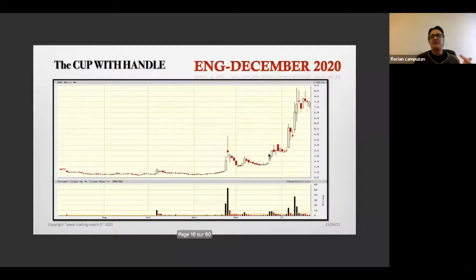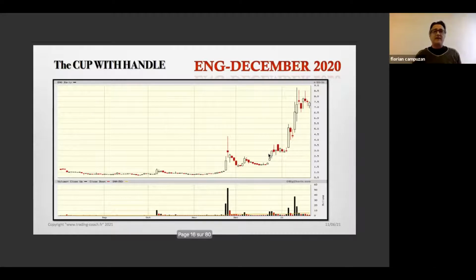When you say cup with handle, it's not a science. You have to be selective, like taking the first bar price, you got to take your strong patterns. You got to not chase stocks. You got to not overtrade, etc.